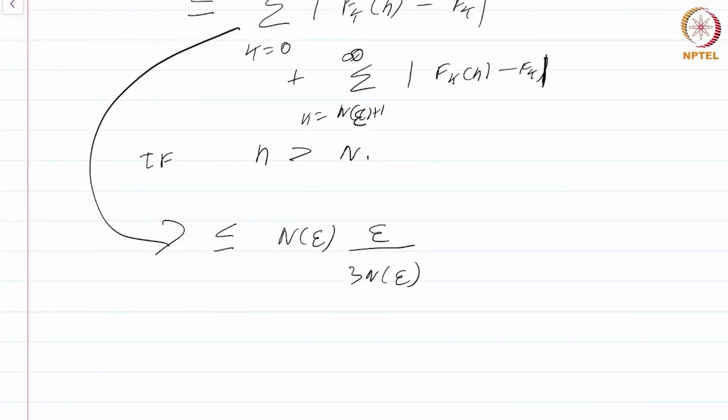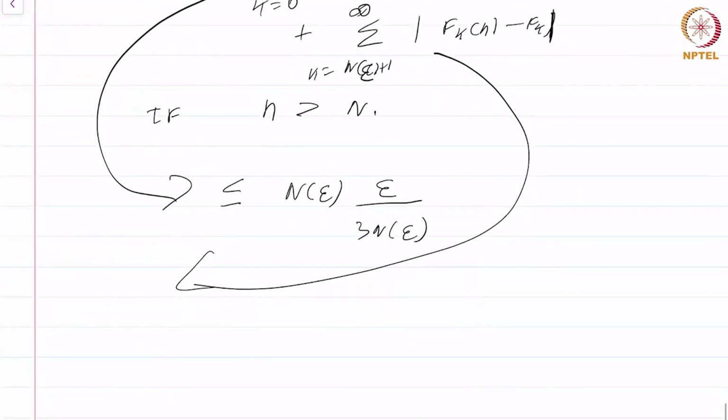We know that the absolute value of F_k,n is less than M_k, and the absolute value of F_k is less than or equal to M_k. So we can write this term as less than or equal to the summation k equals N epsilon plus 1 to infinity of twice M_k.